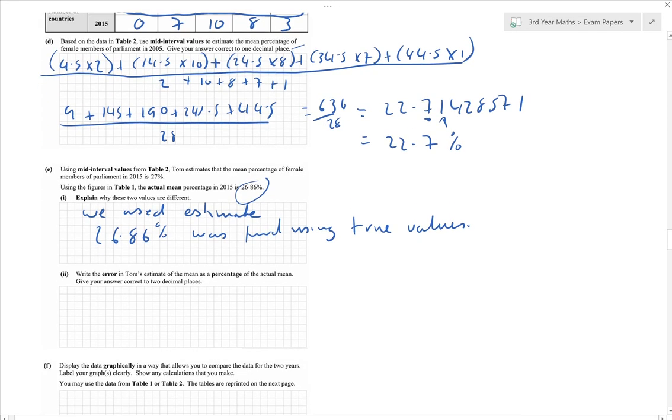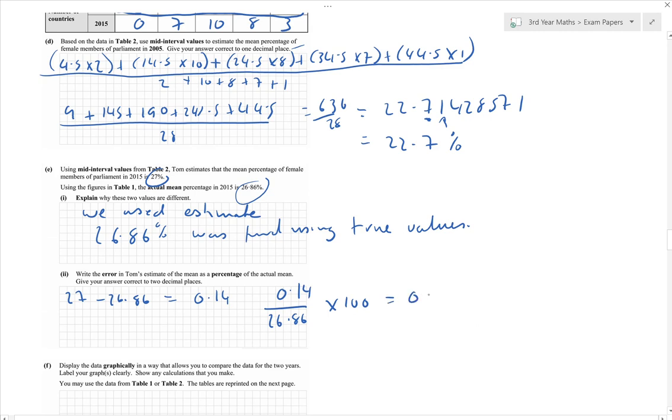Part 2. Write the error in Tom's estimate of the mean as a percentage of the actual mean. So the error, the difference between the two, was 27 minus 26.86, which gives me 0.14. So that was the difference between the two. So to find the percentage error, it is the error over the true value, multiplied by 100.